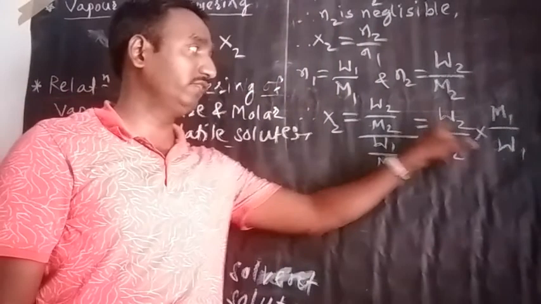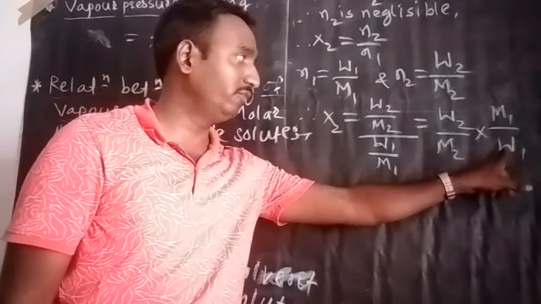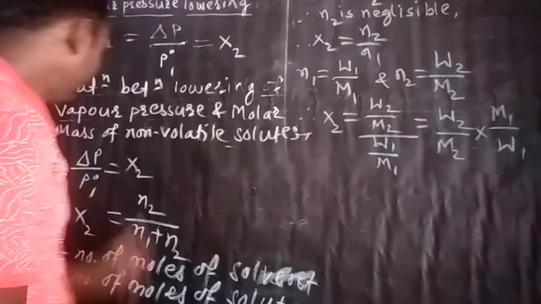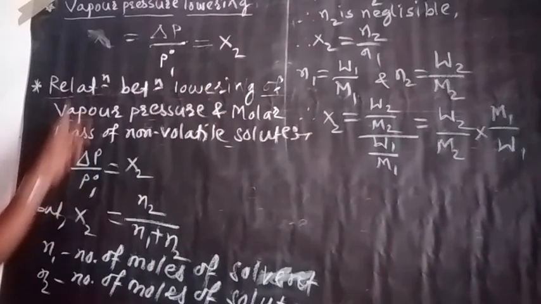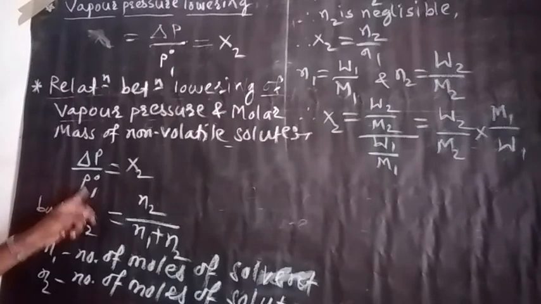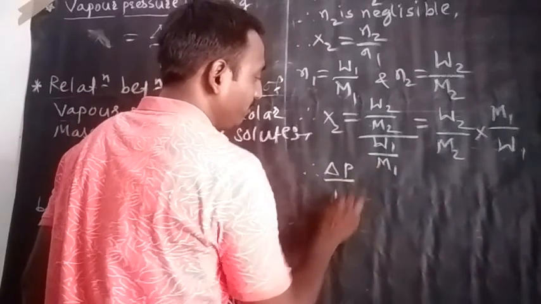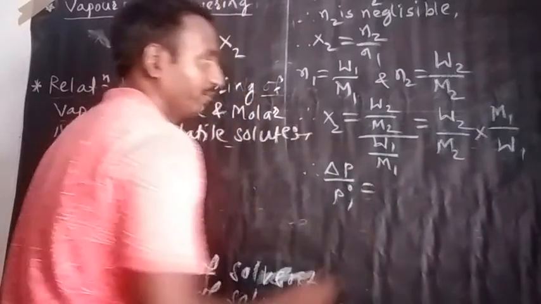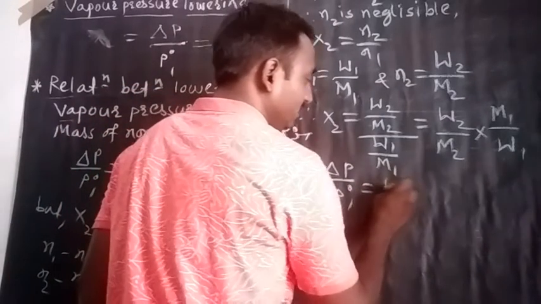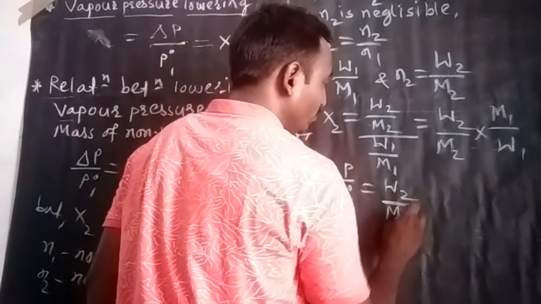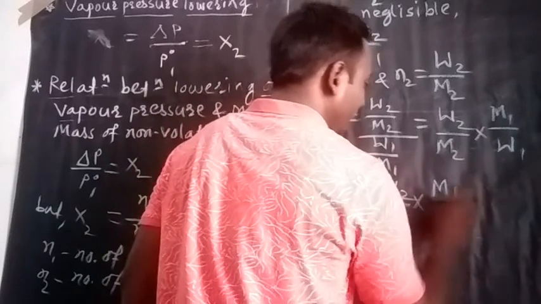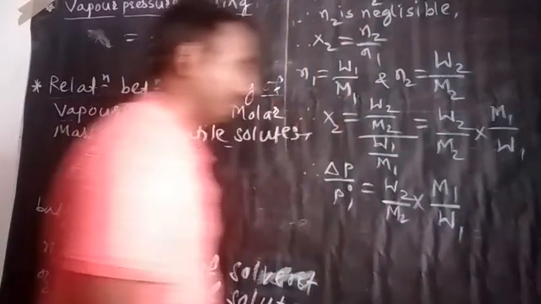If x2 is equal to W2 upon M2 into M1 upon W1, then for the relative lowering of vapor pressure, delta P upon P01 will become W2 upon M2 into M1 upon W1.